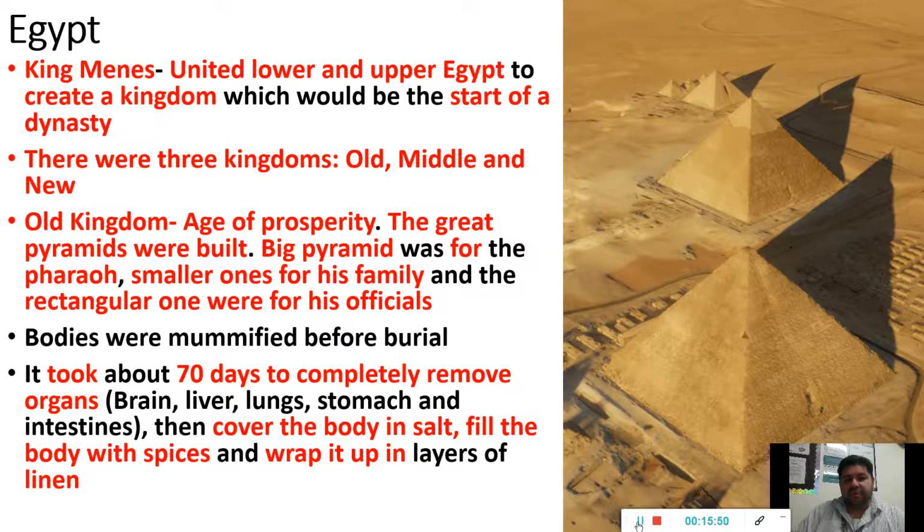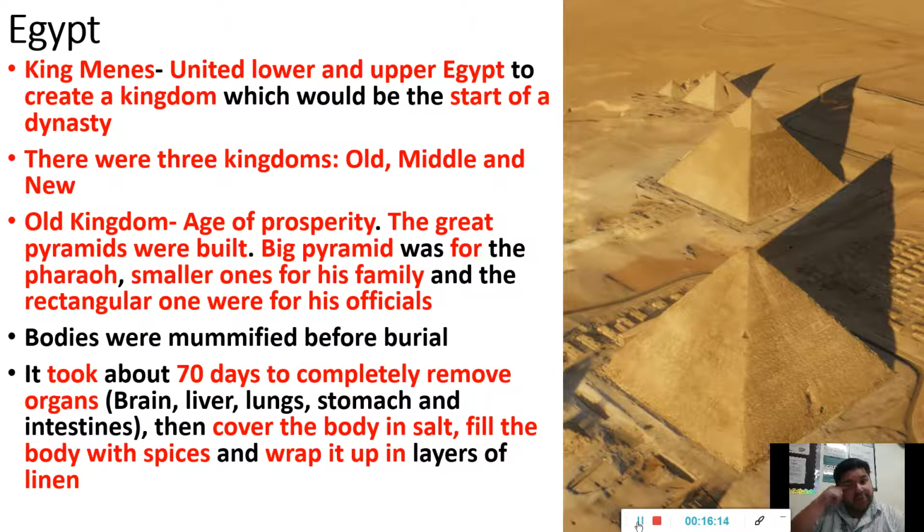The biggest pyramid is of course for the pharaoh. The smaller ones are for his family. And the rectangles on the sides, in the shadow of the big one, were for his officials, priests, advisors, things like that.